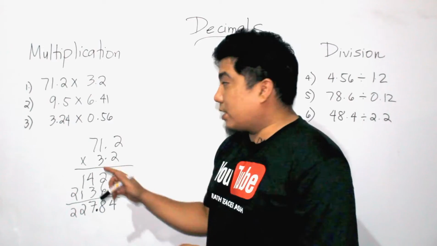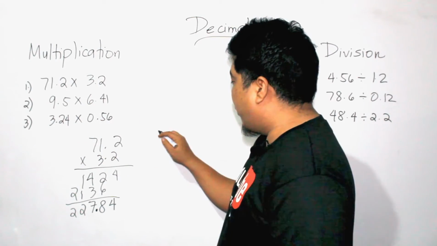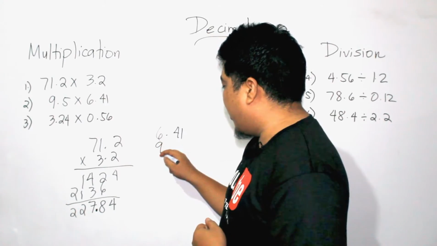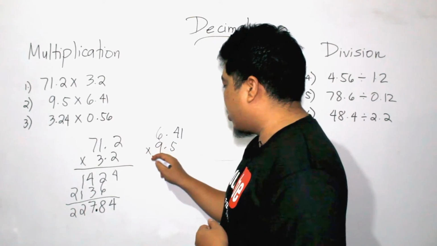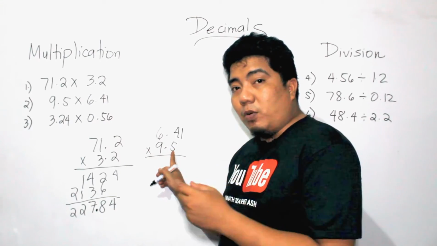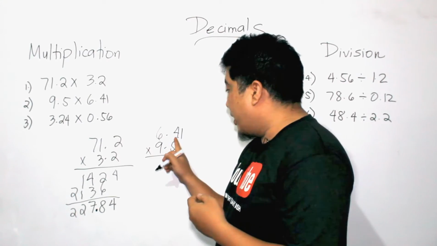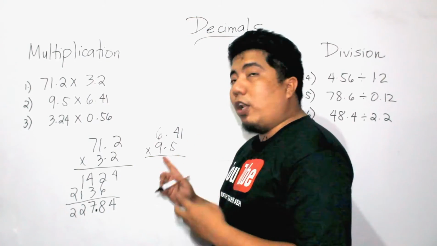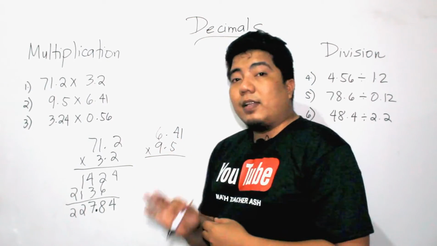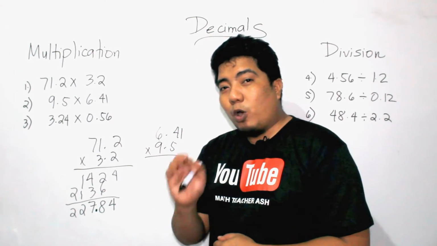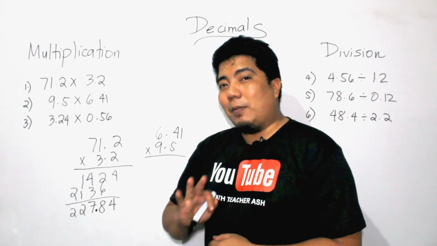So we write first 6.41, and then 9.5, aligned. As you can see, we have 1 place value after the decimal point, and 2 place values after the decimal point. So all in all, we have 3 decimal places. Therefore, our final answer will have 3 decimal places.